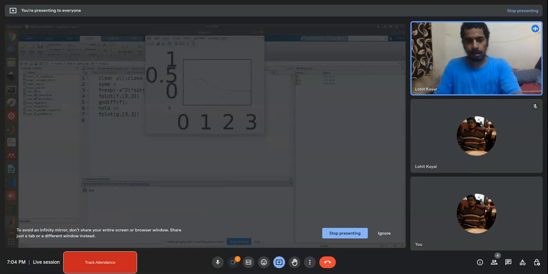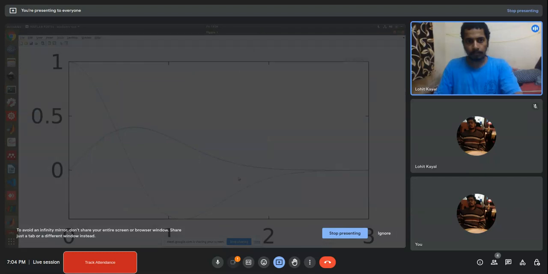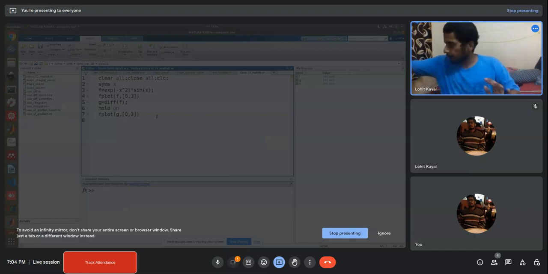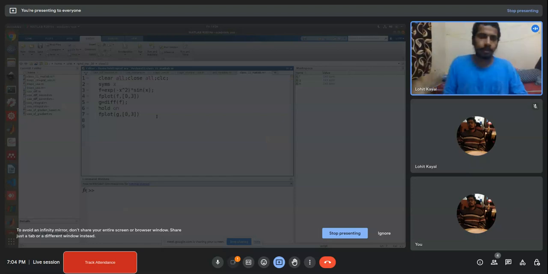If we want to plot this again, we need to use fplot. Then hold on, and fplot g from 0 to 3. The blue one is the plot of the original.